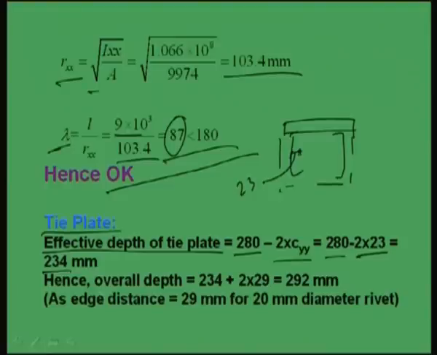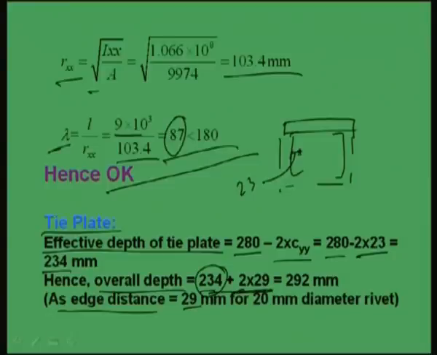Therefore the overall depth will become 234 plus 2 into edge distance. Now the edge distance is 29 millimeter for 20 mm diameter of rivet. From the codal provisions, we can find the minimum edge distance for 20 mm diameter of rivet as 29 millimeter. So the overall depth will become effective depth plus 2 into edge distance.